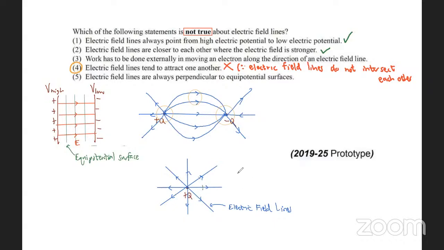So when you connect all those perpendicular lines, what you get is a sphere. This is an equipotential surface. Around a point charge, it will be circles. The green color ones are the equipotential.